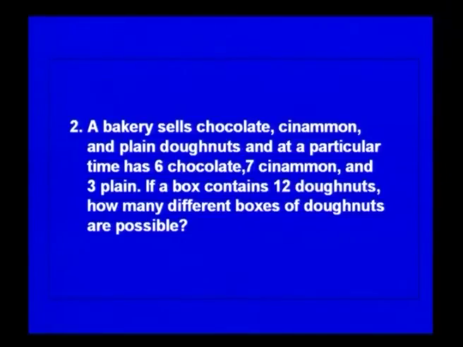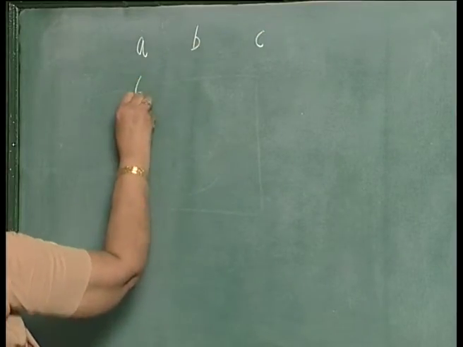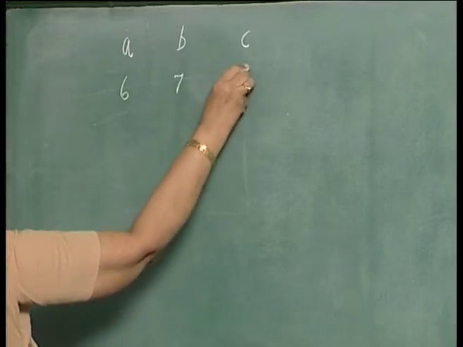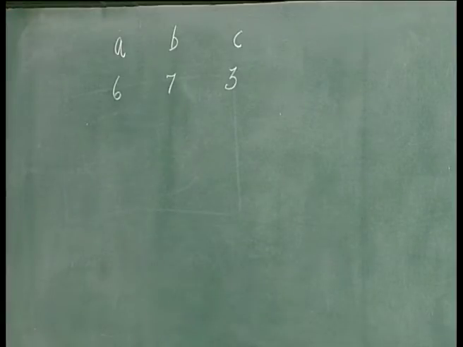Let us see how you can apply the principle of inclusion exclusion for this. So, you are having 3 types of objects, A, B, C, and in A you are having 6 objects, in B you are having 7, and in C you are having 3, out of which you have to select 12. In how many ways can you do this?